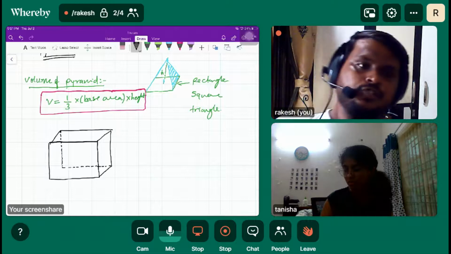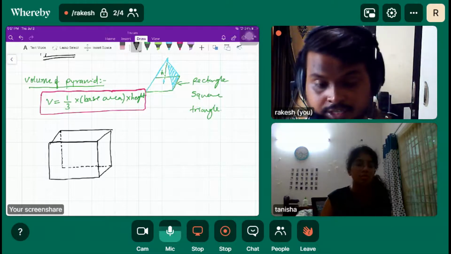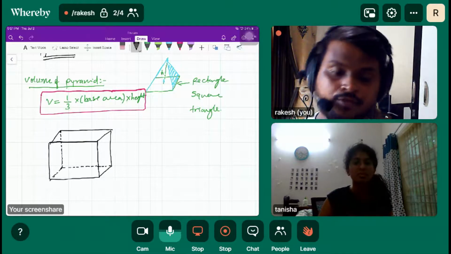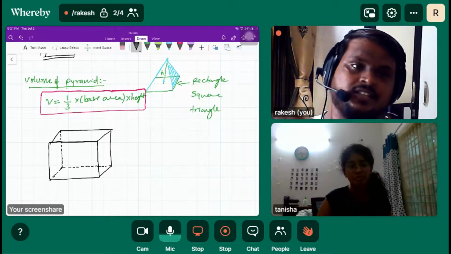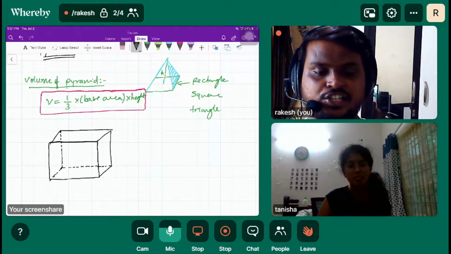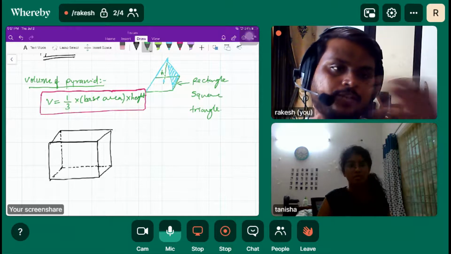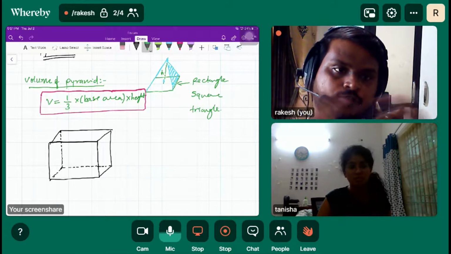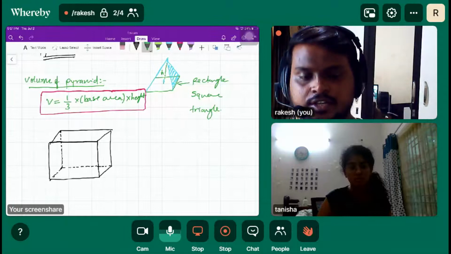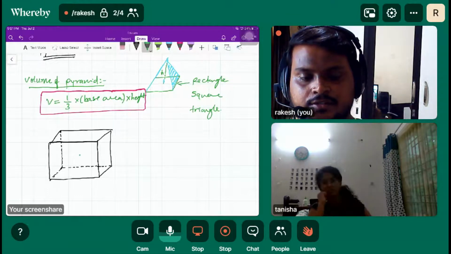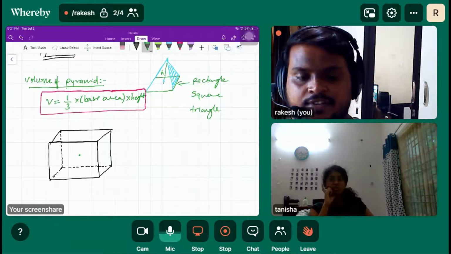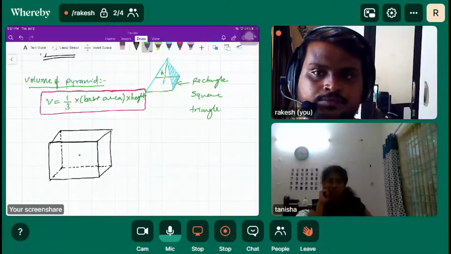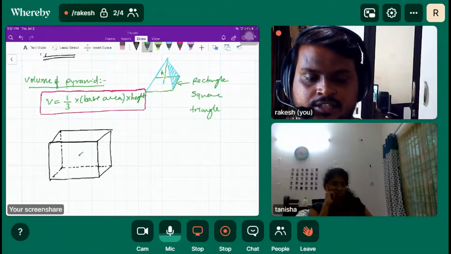So this is the cuboid. I will try to put this pyramid inside this. There is a relation between cuboid and pyramid as far as the volume is concerned. We have a central point here, and I connect this point like this.